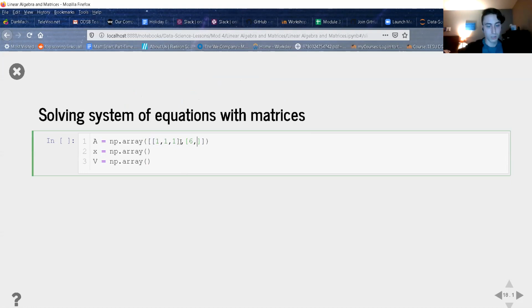And then it was 6, minus 4, and 5. And then 5, 2, and 2. And then our x, we're just going to leave blank for now. That's basically like our x, y, z. And then our final value matrix was, I think, this, 31 and 13.